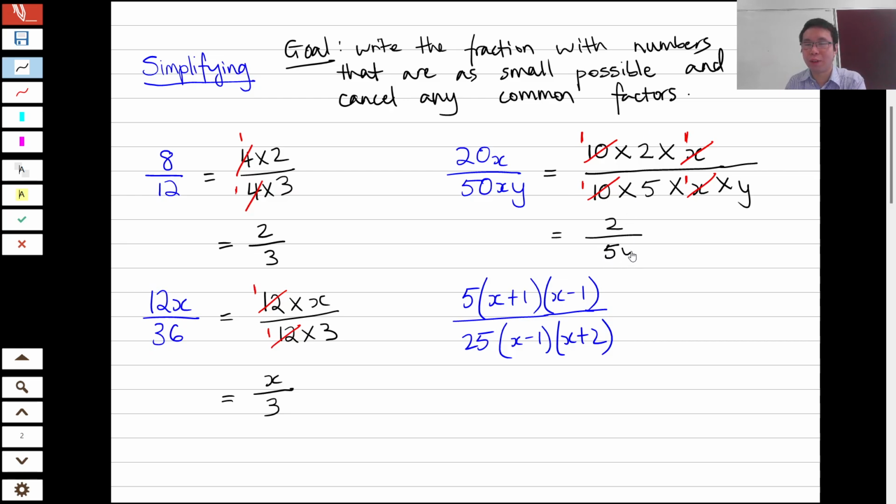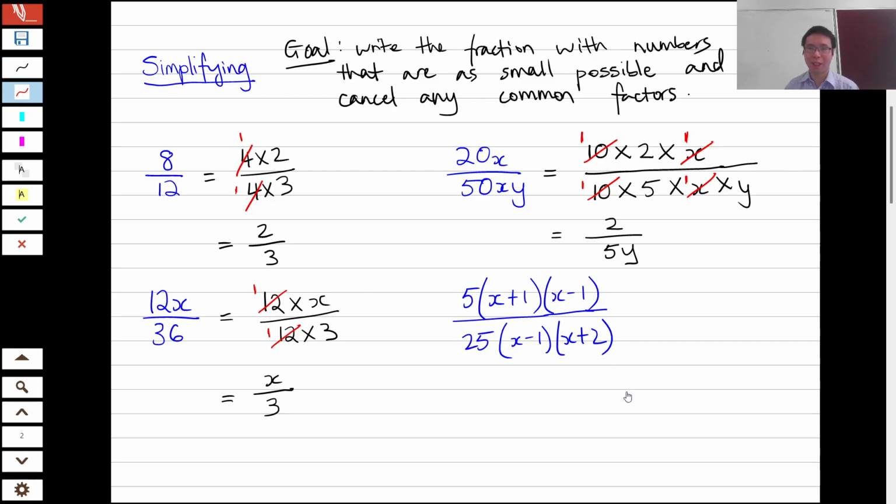And we just write that as 5y. I hope you'll agree that 2 divided by 5y is a lot simpler to deal with than 20x divided by 50xy. And that's the goal of simplification. We want to make life as simple as possible. So make numbers smaller and get rid of any unnecessary letters.